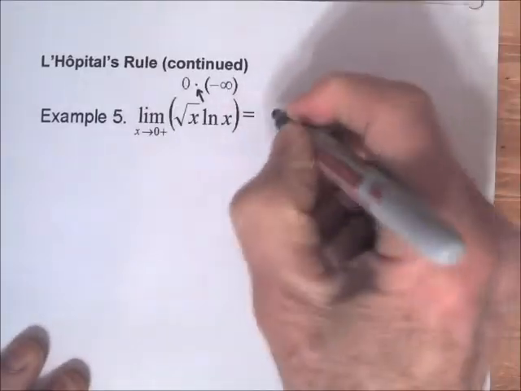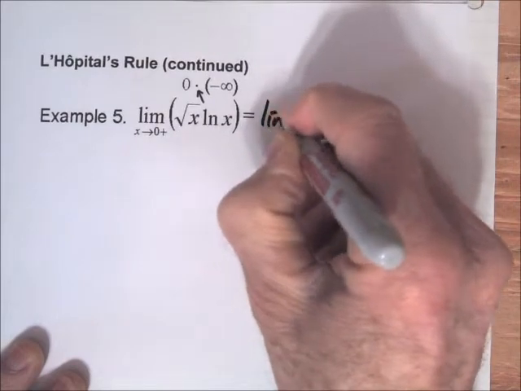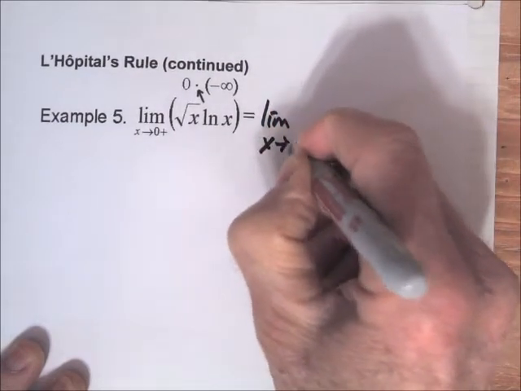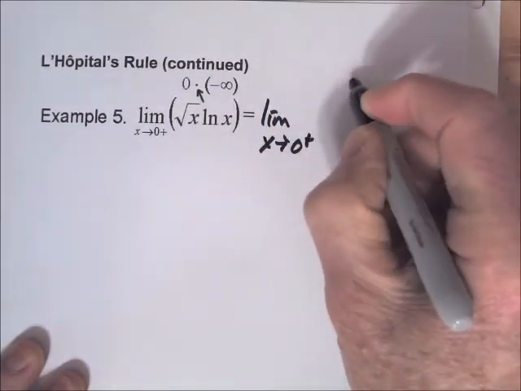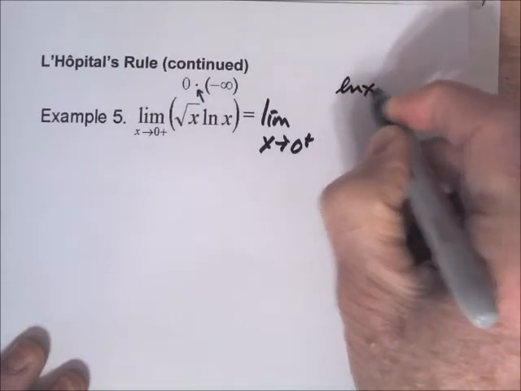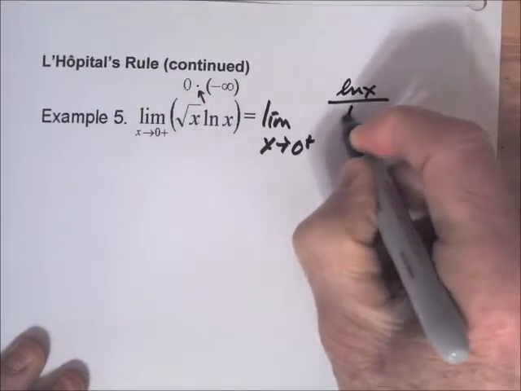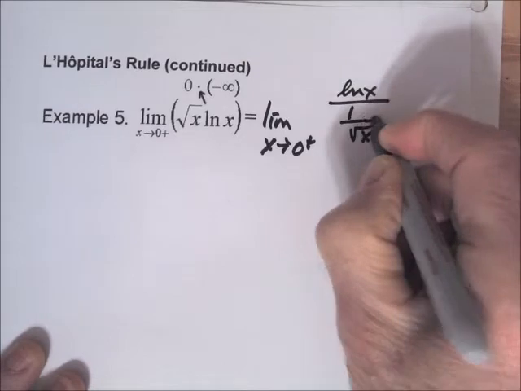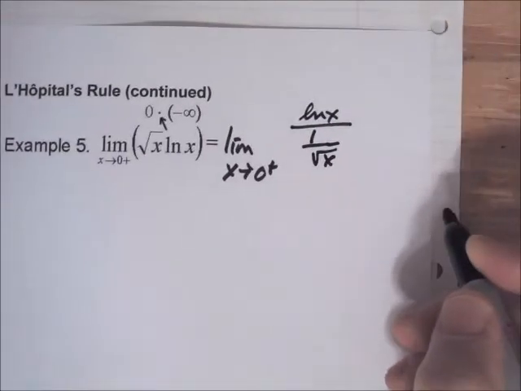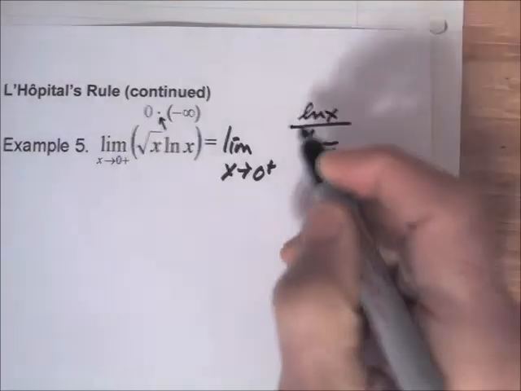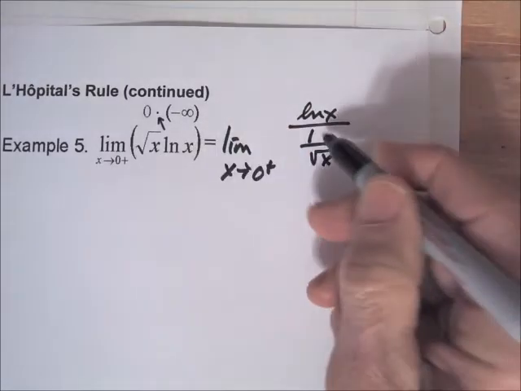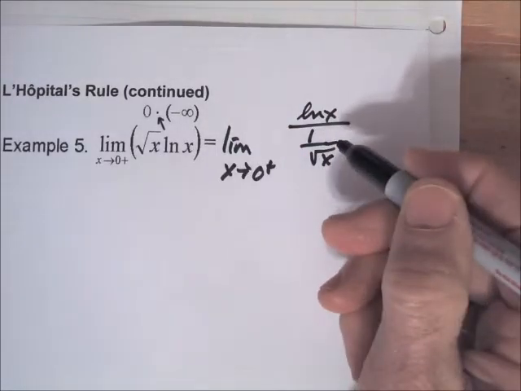We can rewrite this as the limit as x goes to 0 plus of ln x over 1 over root x. Multiplying by root x is the same as dividing by 1 over root x.